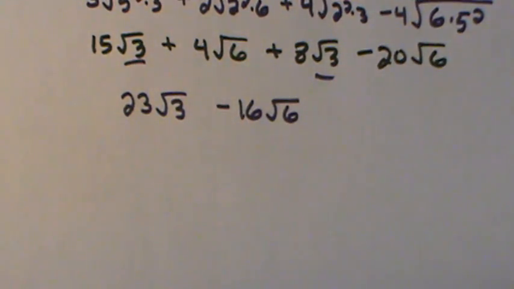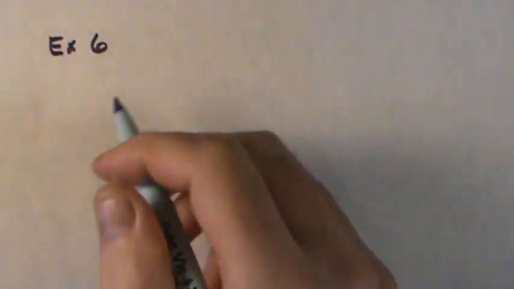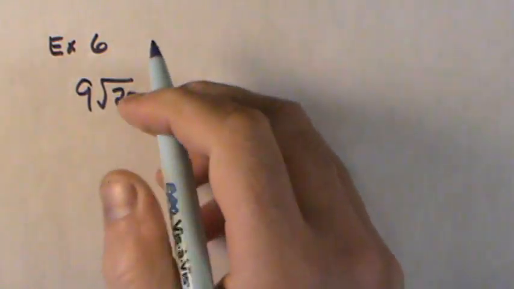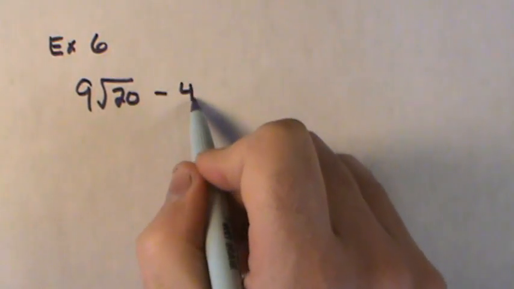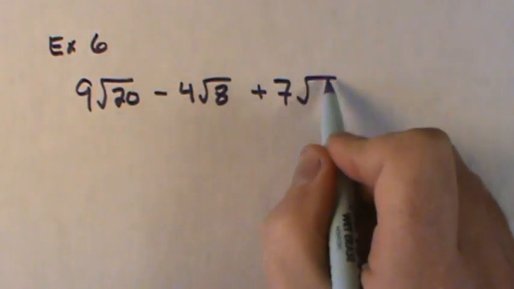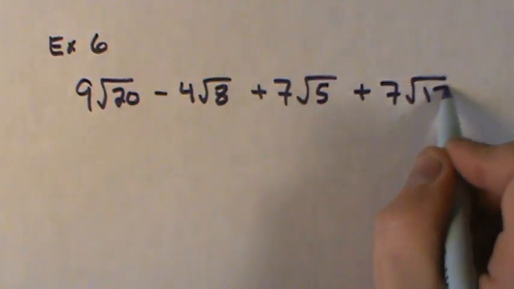I think I'm going to grab another piece of paper. I'm going to box myself in there. So we'll call this example 6. And with example 6, we have 9 rad 20 minus 4 rad 8 plus 7 rad 5 plus 7 rad 18.